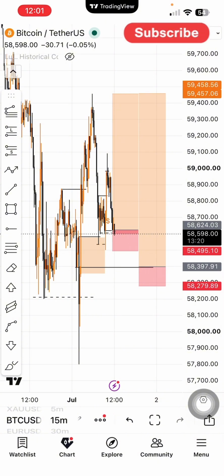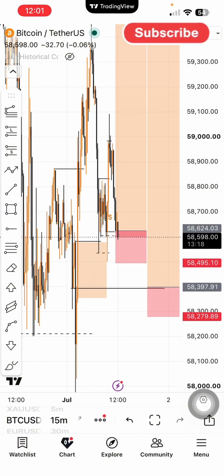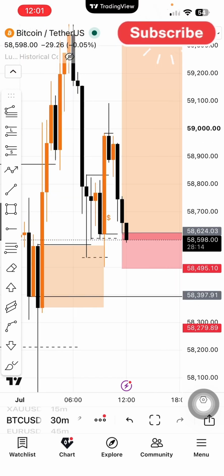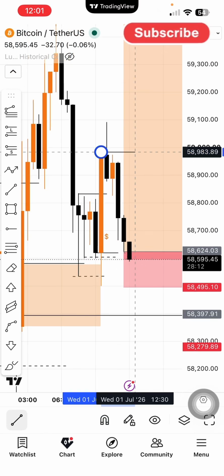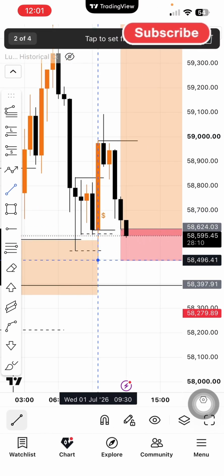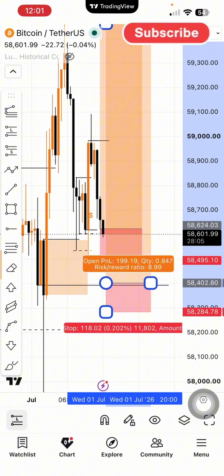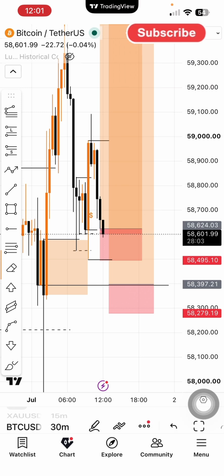After carefully looking at the chart while making a video, I saw another entry that caught my attention because I love reading the candle. We can see that there is a sweep at this high, which means this low is a liquidity to this zone.